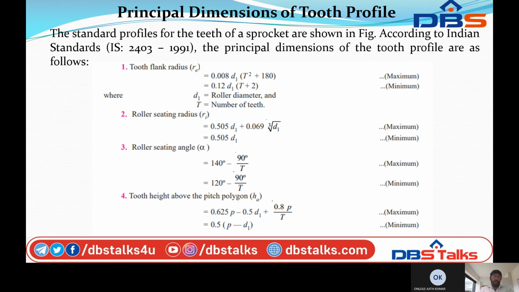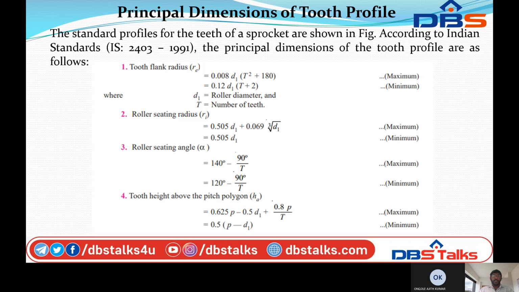Next one, roller seating radius. For maximum, RT is equal to 0.505 D1 plus 0.069 times the cube root of D1.